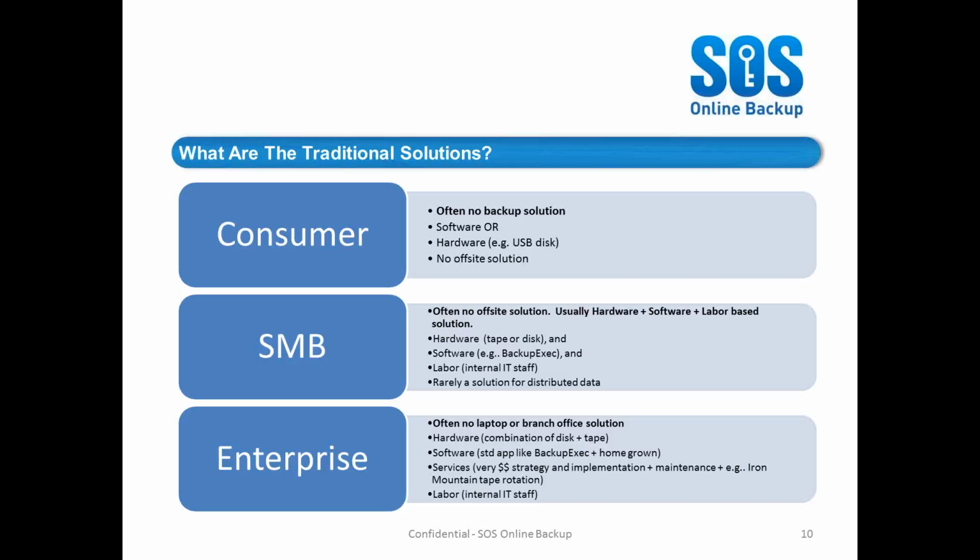It's the user that is the biggest point of risk when it comes to any system. So consumers often don't have any type of backup solution because they're users. Consumers and small home offices, which often operate like consumers, don't have a backup solution, or maybe the backup solution they do have is rather incomplete. It's not being properly managed.